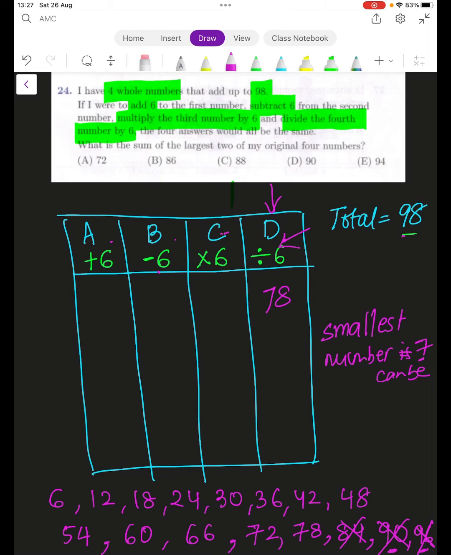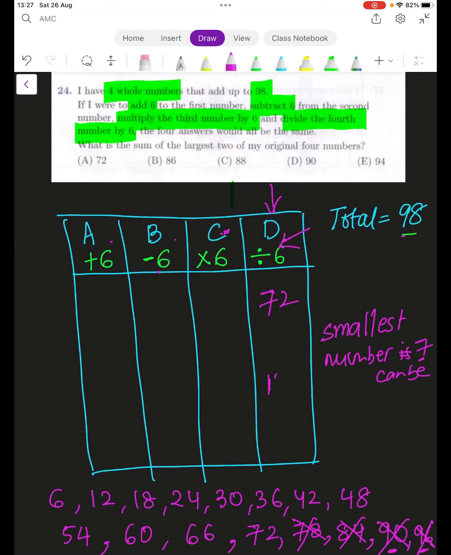So 84 is gone as well. Now similarly, if I put a 78 here, if I divide that by 6, I will get answer 13. Now, of course, I can get 13 here and here, but there is no number C possible, because 13 is not a multiple of 6. So I cannot get a 13 here. So 78 is off the table as well.